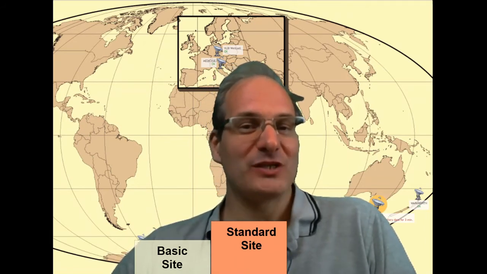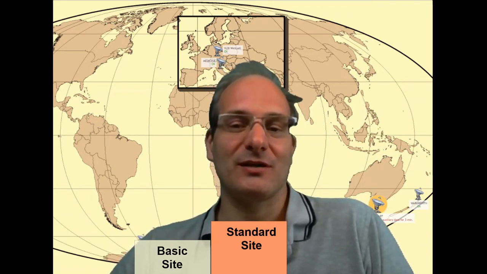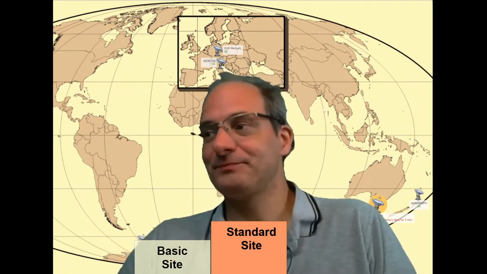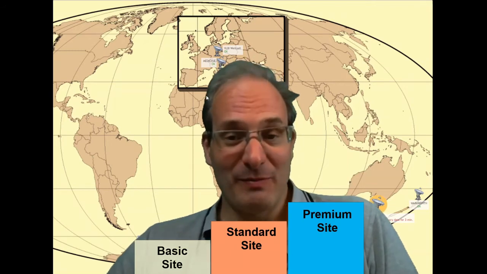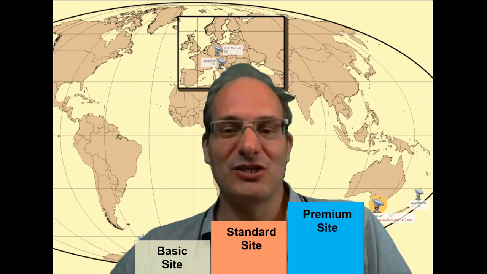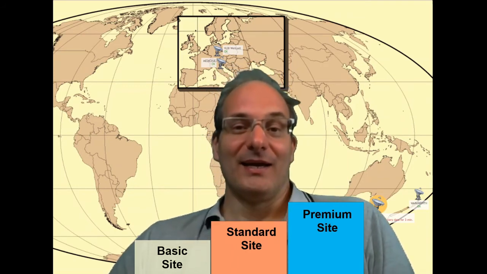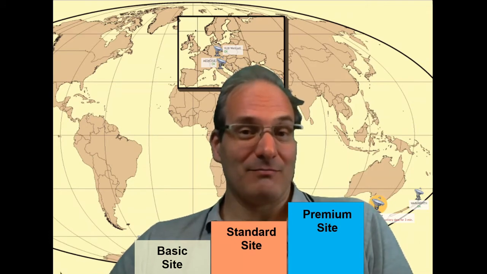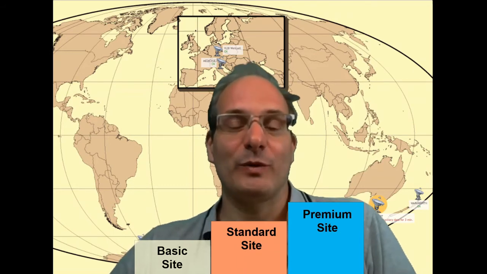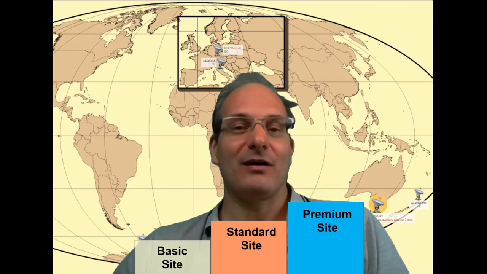Nevertheless, you can decide which data you really want to send. It depends on the web pages which are produced. I will explain later. And then you have this premium site. Premium site is currently just for the BKG or TUM sites. So it means for antennas which are operated by the staff at Wettzell, because here you have a complete overview.